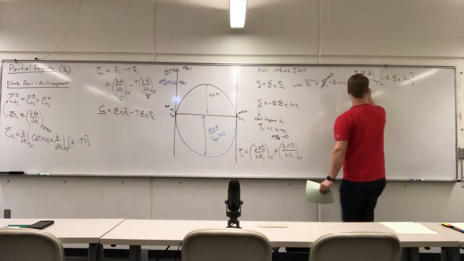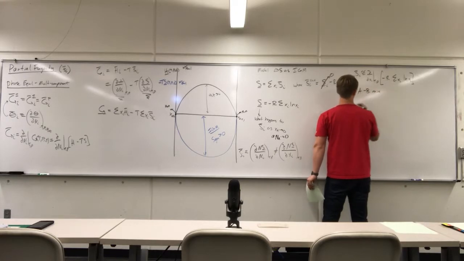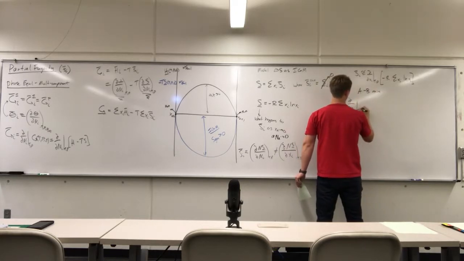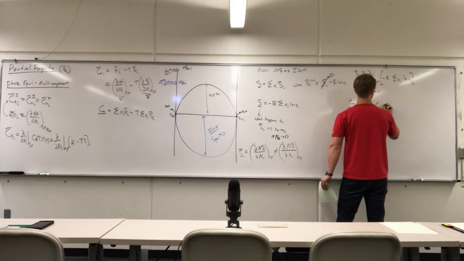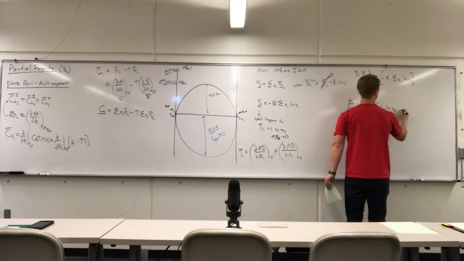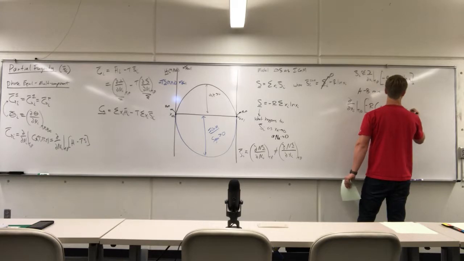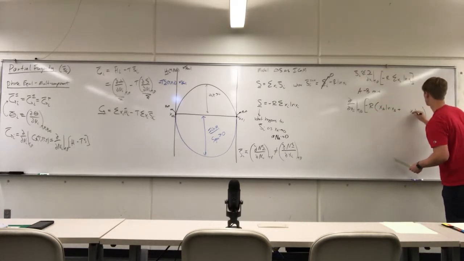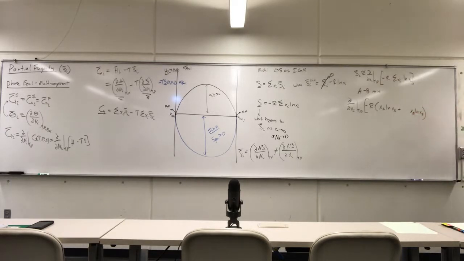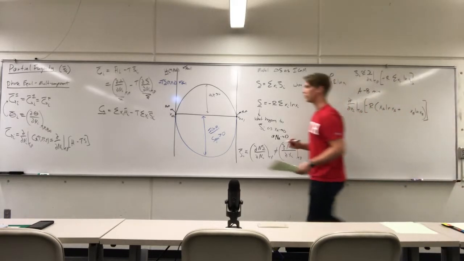So for an AB mixture, we can rewrite this as minus R, x of A. Actually, in my notes I took the derivative before I substituted it in.